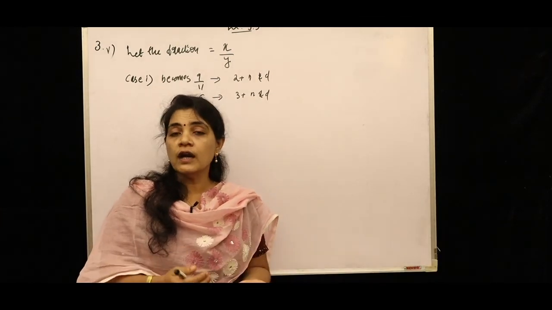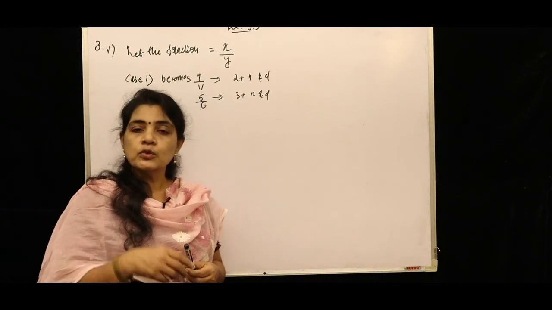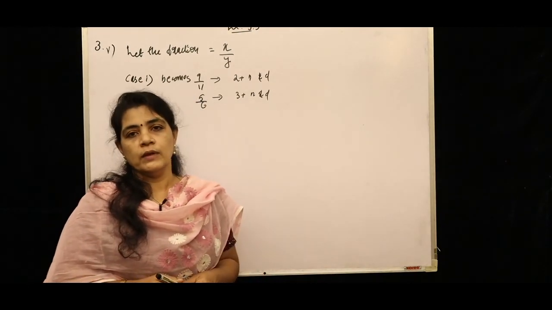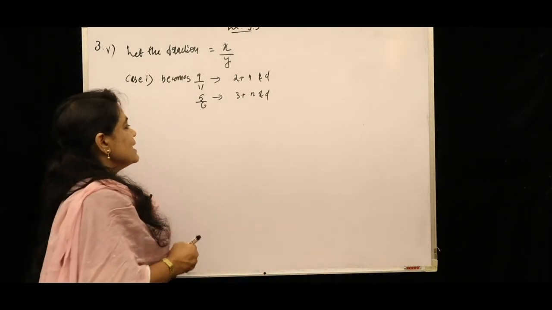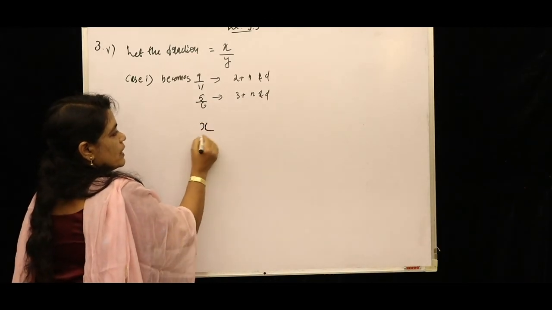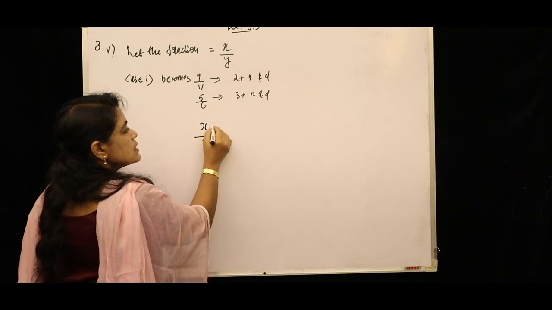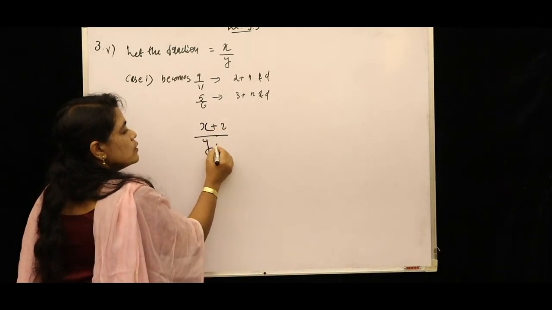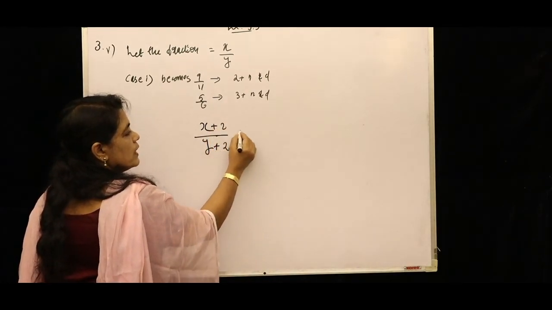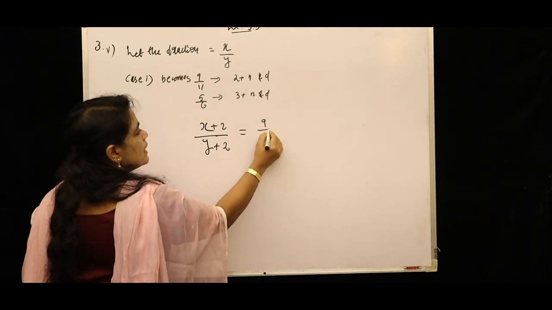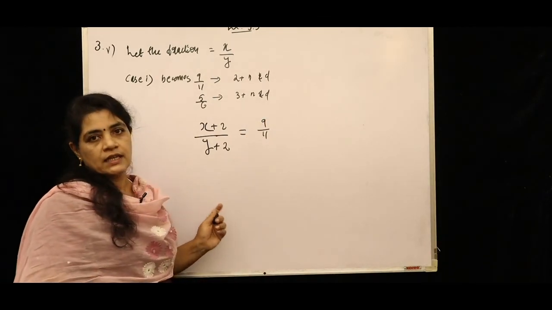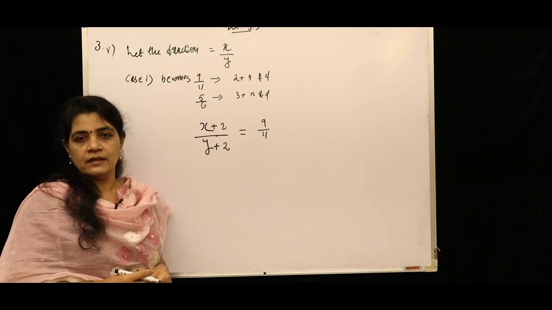If we add 2 to both the numerator and the denominator, supposing the fraction is x by y, if we add 2 to the numerator and also 2 to the denominator, it will become 9 by 11. This is the first case according to the question.